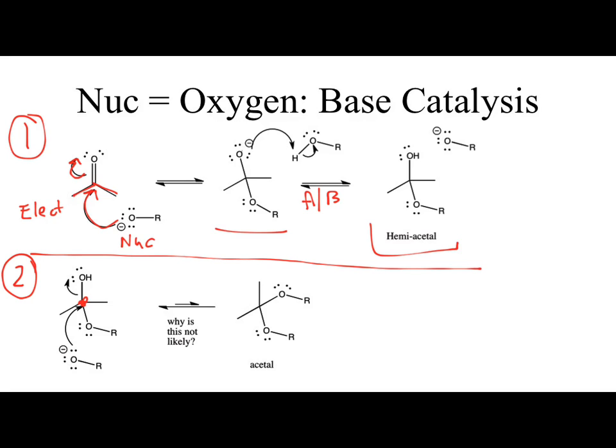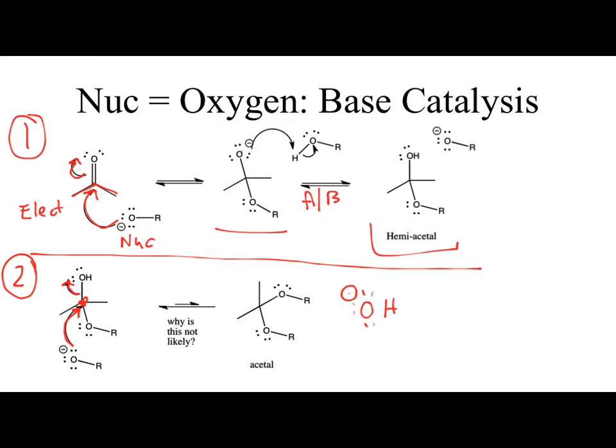So we could take another ethanolic or alcoholic oxide. That can go in and attack that carbon. It'll kick out the best leaving group, which in this case is our hydroxide. Okay? And that produces our acetal product, and I left off our hydroxide ion.